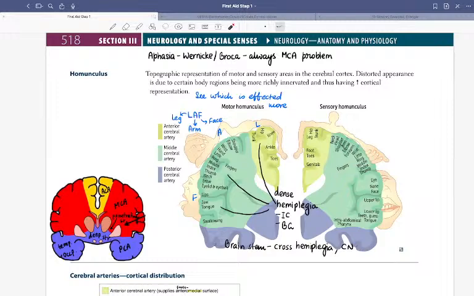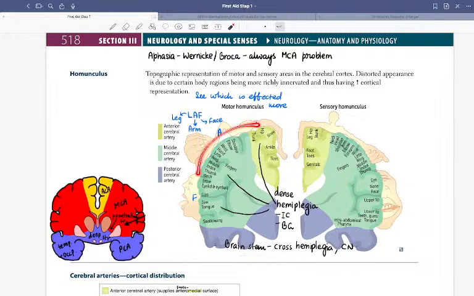So when anything happens on this side medially, obviously you'll have hemiplegia, and there'll be bladder problems also, because here you have one region controlling exactly that.